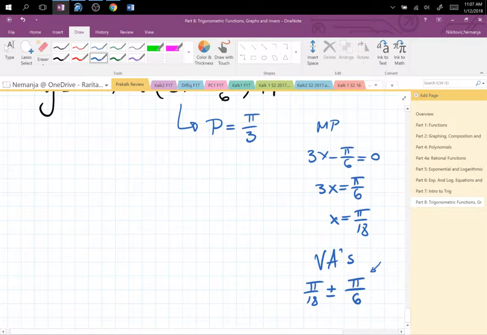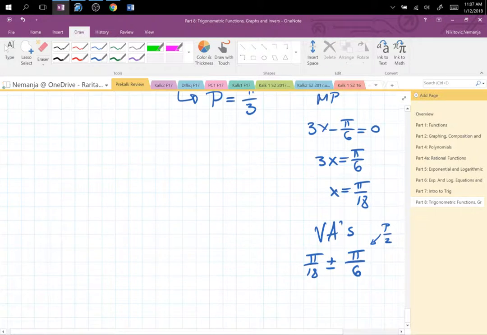With a common denominator, times 3, you have 4 pi over 18. And when you subtract, you have negative 2 pi over 18.